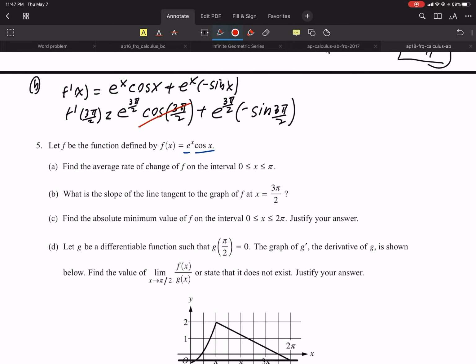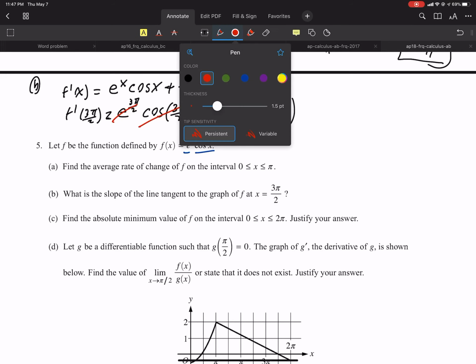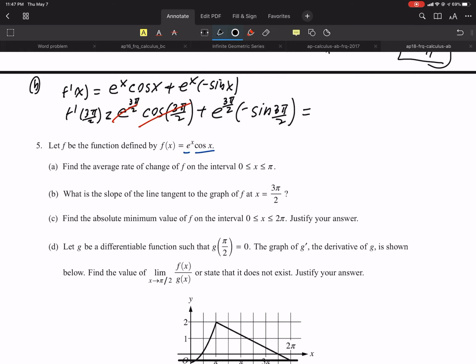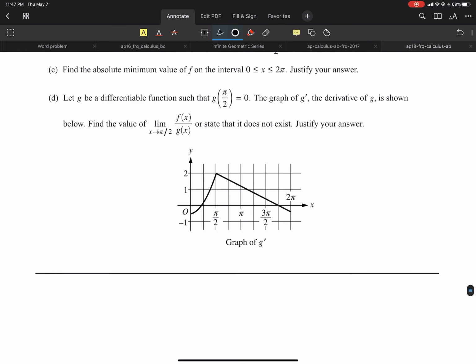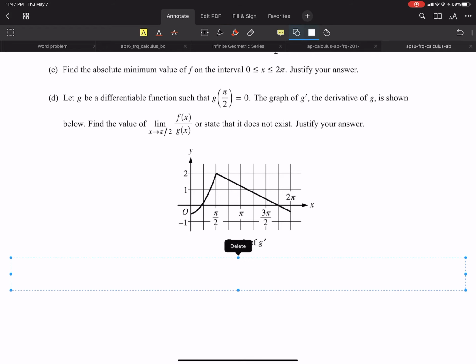Cosine of 3 pi over 2 is 0, so that's all gone. And then the sine of 3 pi over 2 is negative 1, so the negative and the negative cancel, so you're just left with e to the 3 pi over 2. And that's it for that. Let's keep going. I like this problem. Not too brain frying. It's pretty straightforward.